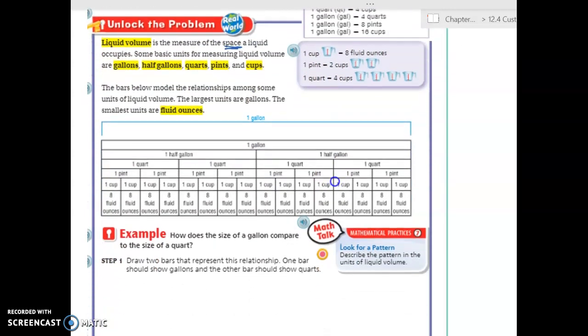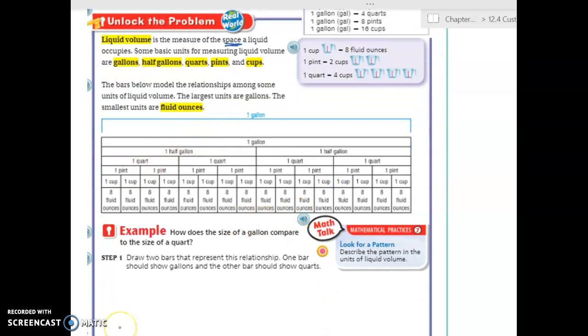Now, as we look down here at this table, it looks like a whole bunch of numbers at first, but if you look at it, this whole top part right here represents 1 gallon, and it's the breakdown of how things are. So on the next section, you'll see that there's 1/2 gallon, 1/2 gallon.